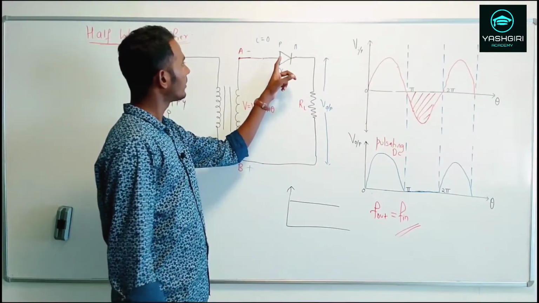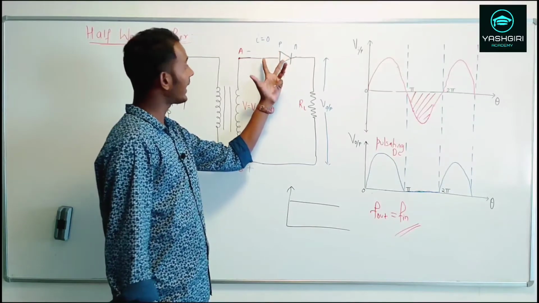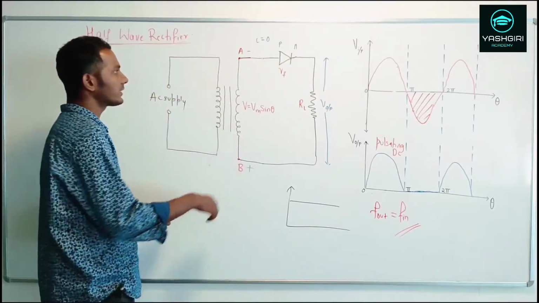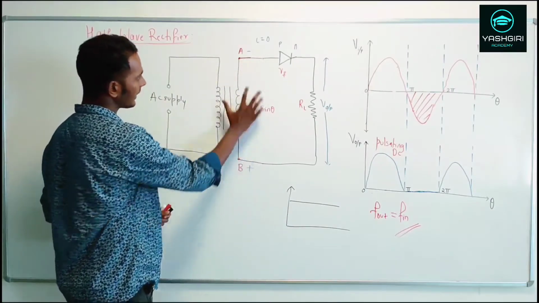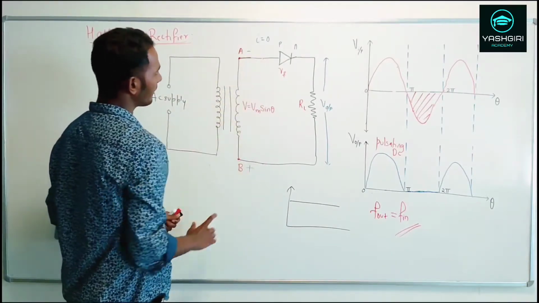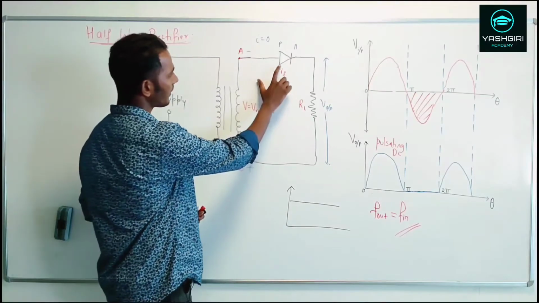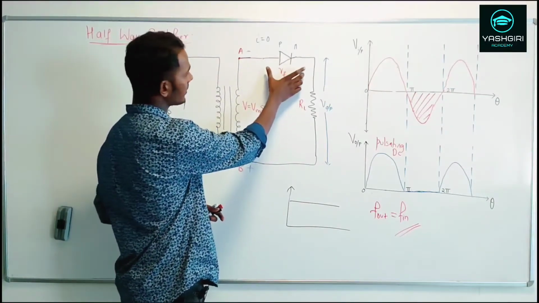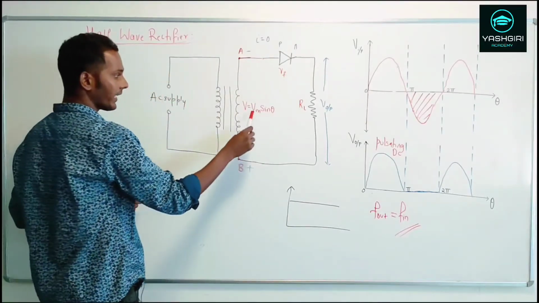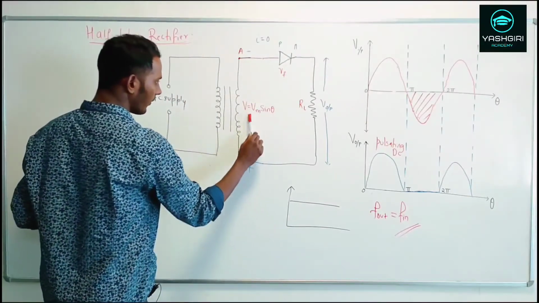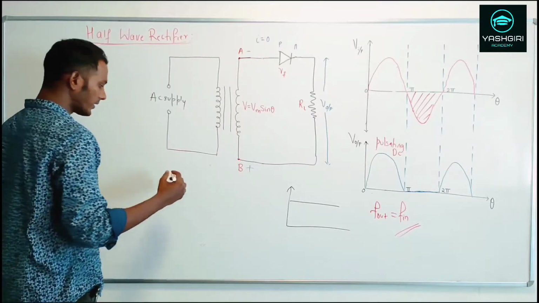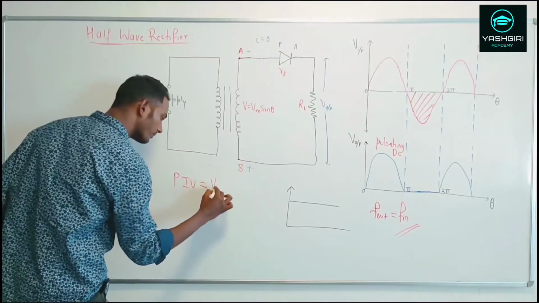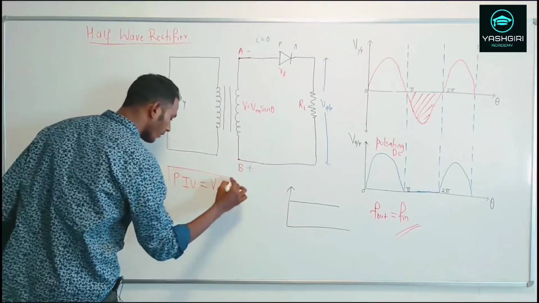That is the time when the diode will be in reverse biased mode. Now consider the PIV in a negative cycle, where A is negative and B is positive. So this is reverse biased. And if you calculate the maximum voltage available across this diode, it is Vm, since V equals Vm sin theta, where Vm is your maximum peak voltage. So I can say the PIV should be equal to Vm. So this is the PIV of a diode.